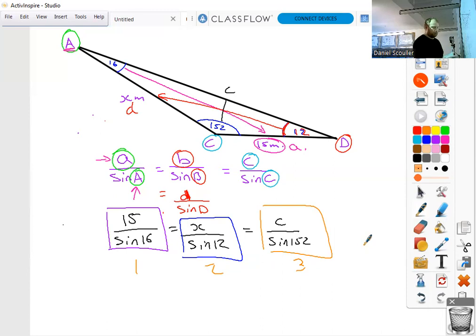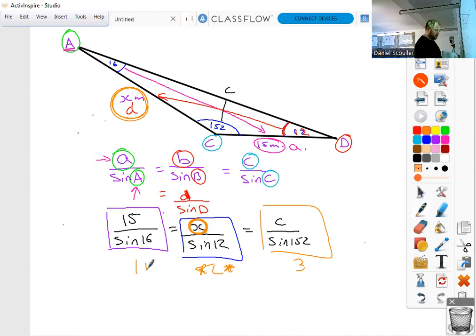Now, what are we trying to find? Well, we need to try and find this unknown x. So we're going to be using part 2, so we can rearrange and find that unknown. Now we need to use one of the other ones. We need it to be complete.